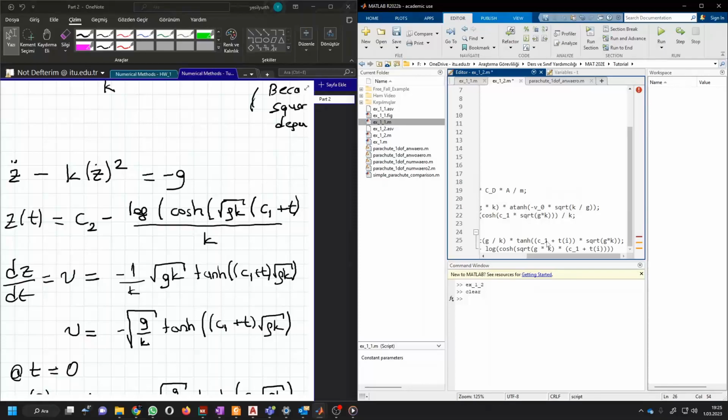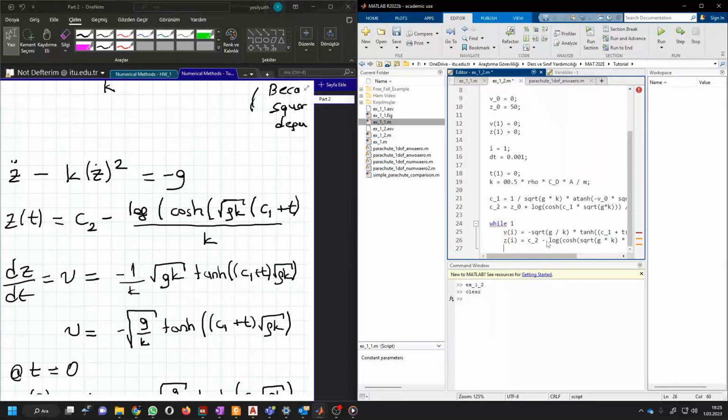This is the parenthesis of cosine hyperbolic. This is log, over k. I hope this is true. Now I also want to visualize the value of aerodynamic drag force, which was Fd, with respect to time.